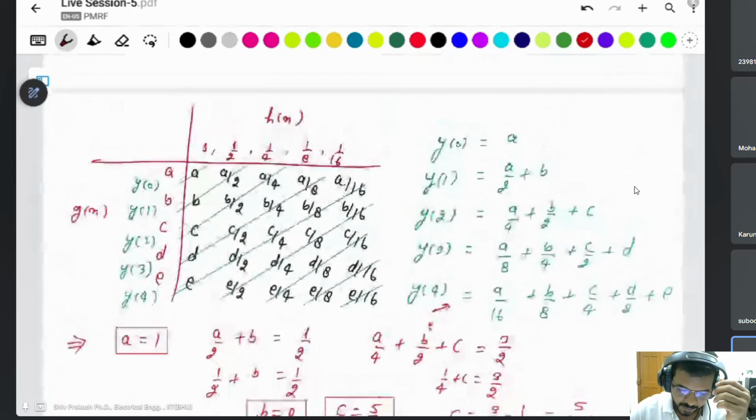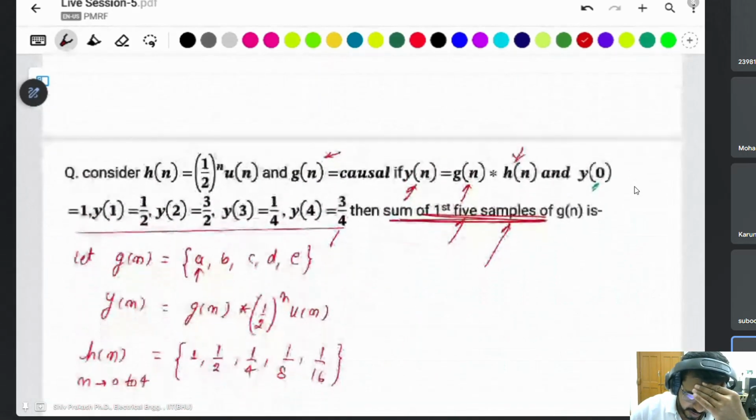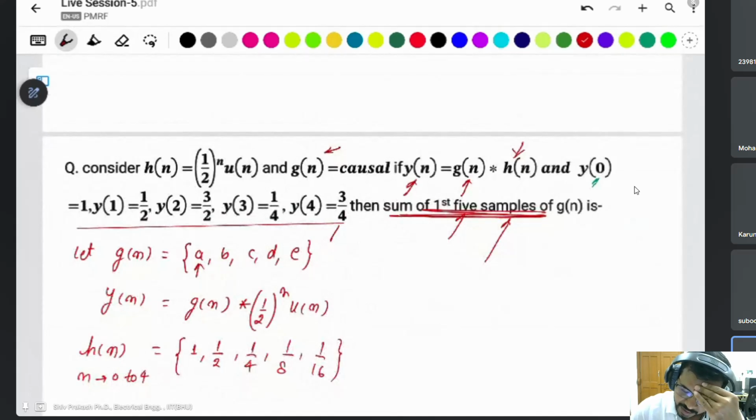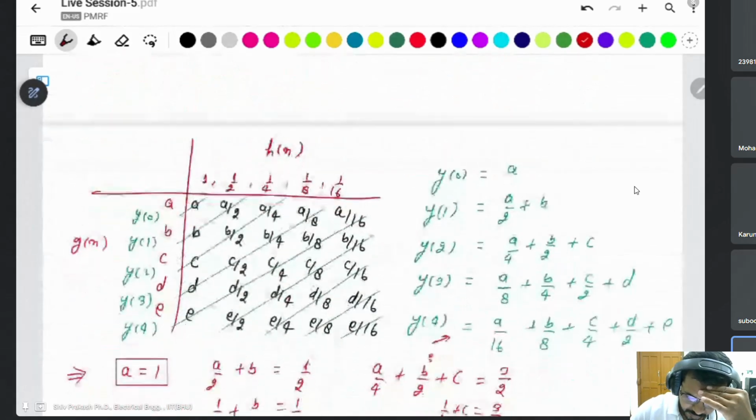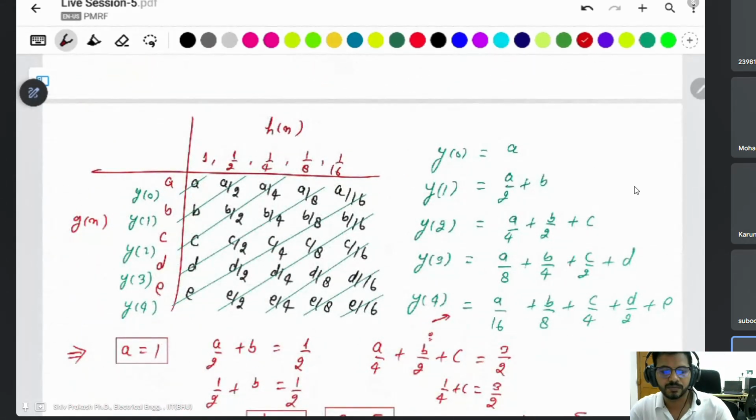Okay. One simple convolution now between two quantities Gn and Hn. This will be the Y output.